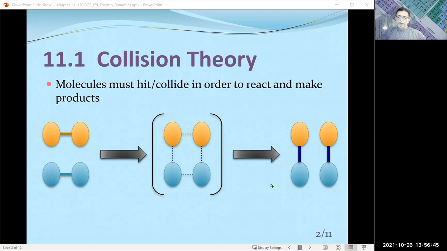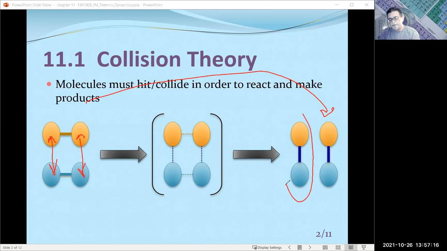Molecules, when they come together, first of all have to come together with enough energy to have the reaction proceed. And they have to have the correct orientation. If we look at these two reactants here, we have two diatomic molecules coming together. And they have to come in with the correct orientation, because as we look at the products, they've created a new compound.